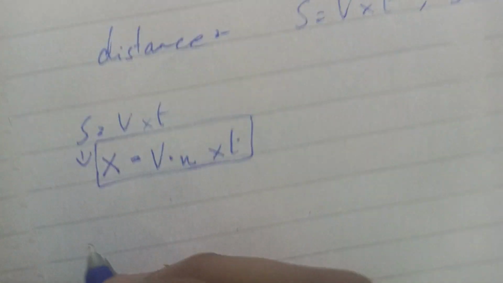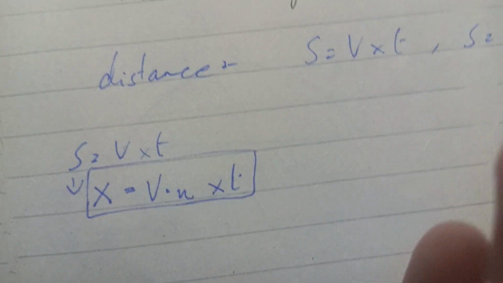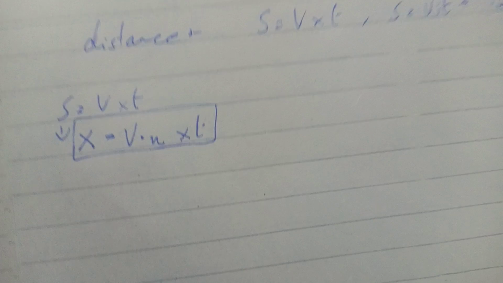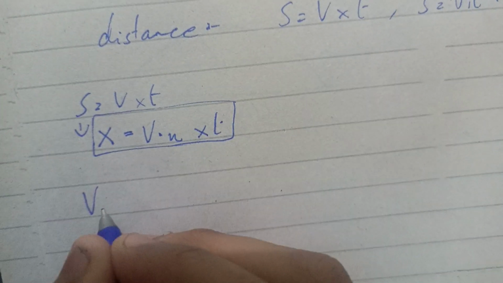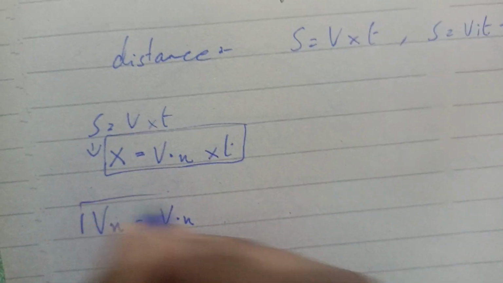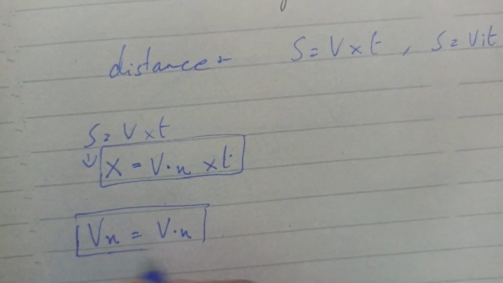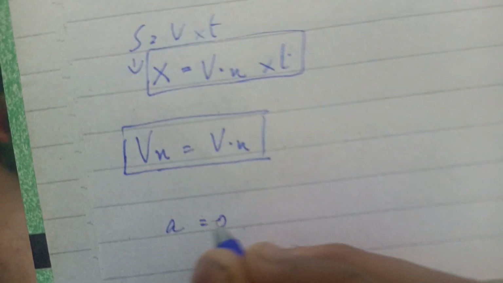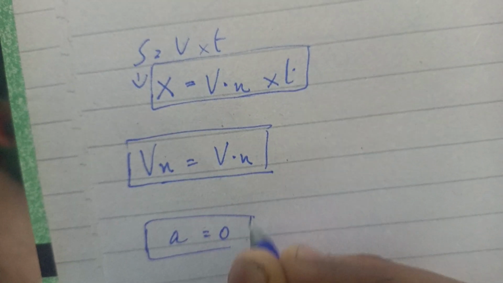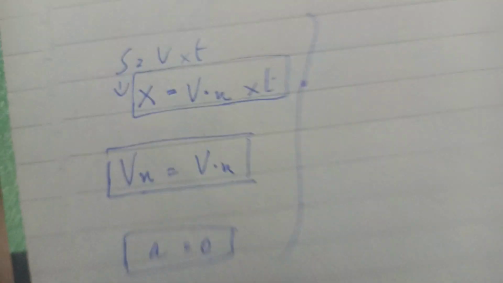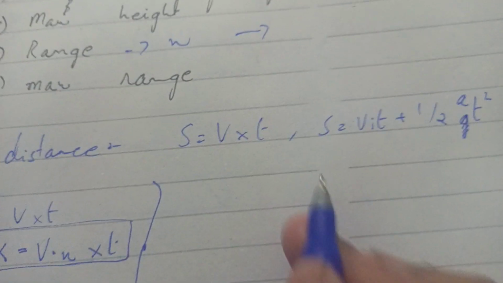Now for the velocity, we just discussed that velocity is constant at every point. So we'll just put here v x is equal to v naught x, simple as that. Now if we talk about the acceleration, we know acceleration is 0 in the horizontal, that is, along the x path. All right, so we have done the horizontal, now we have the vertical.